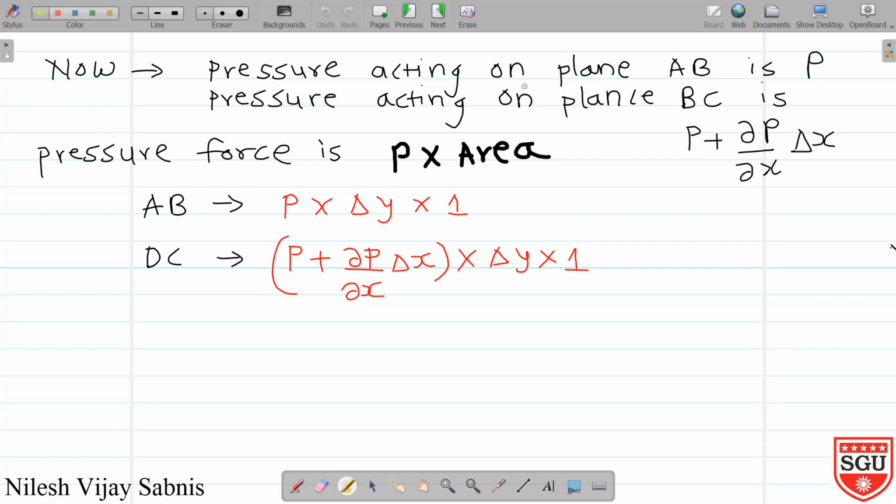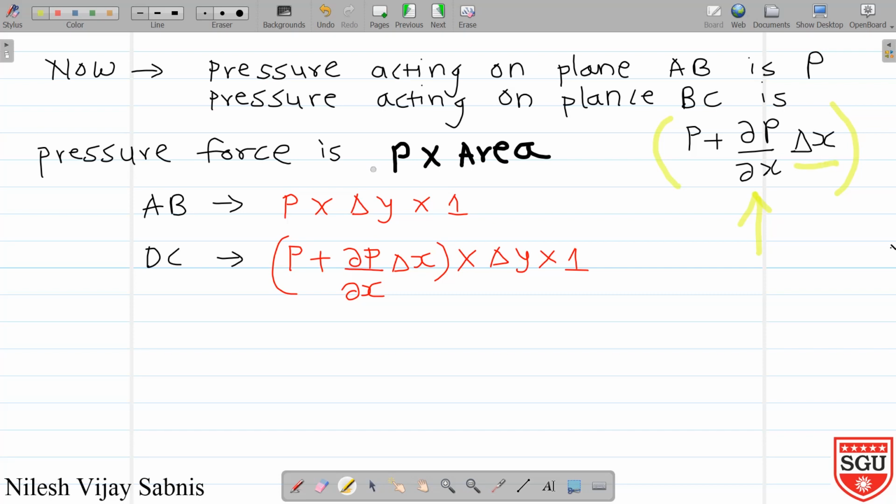Let's assume pressure acting on plane AB is P and pressure acting on plane BC is P plus dou P by dou x into delta x. Dou P by dou x is nothing but rate of change of pressure in the direction x and we have moved the distance delta x.